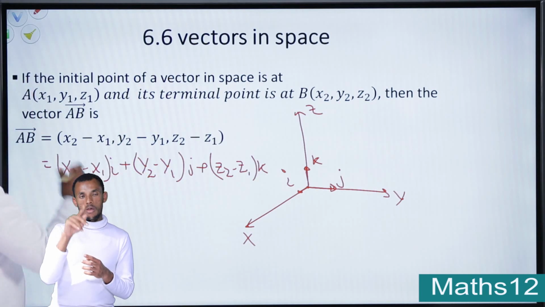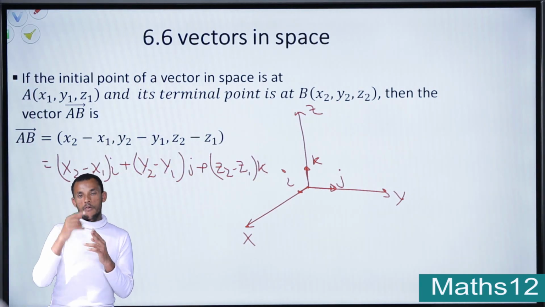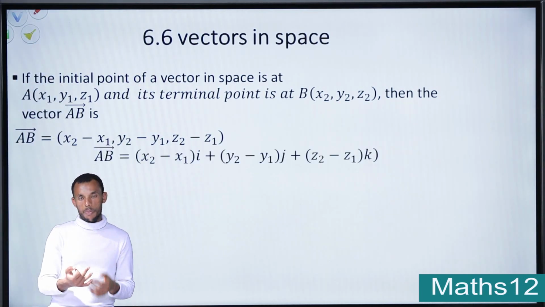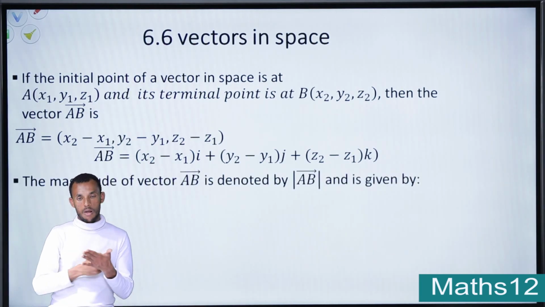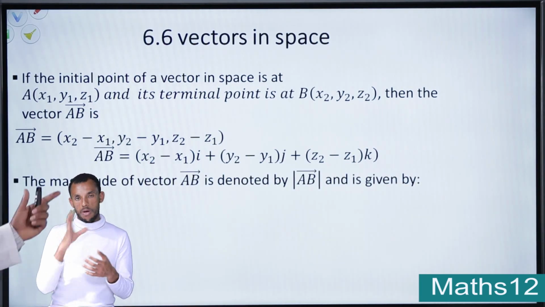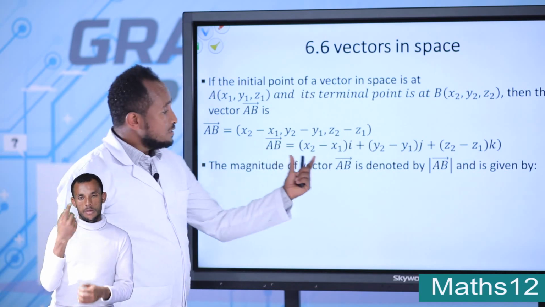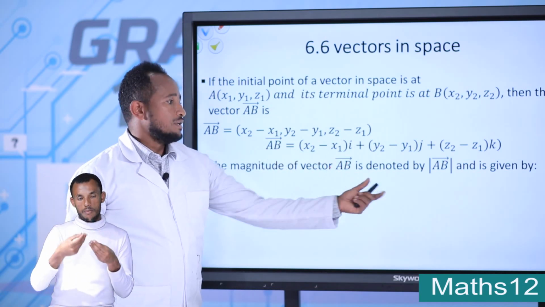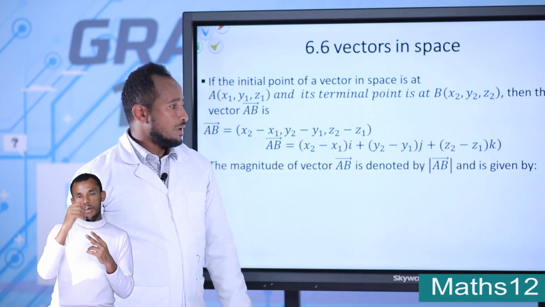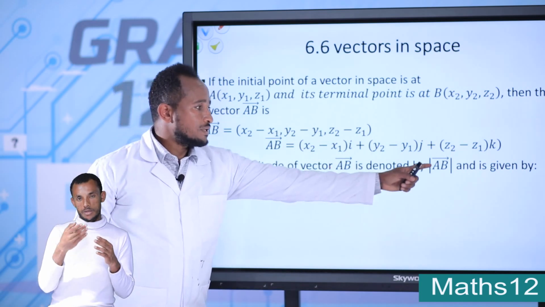So I can write this vector in this form. And the next concept: the magnitude of a given vector AB is denoted by this symbol.